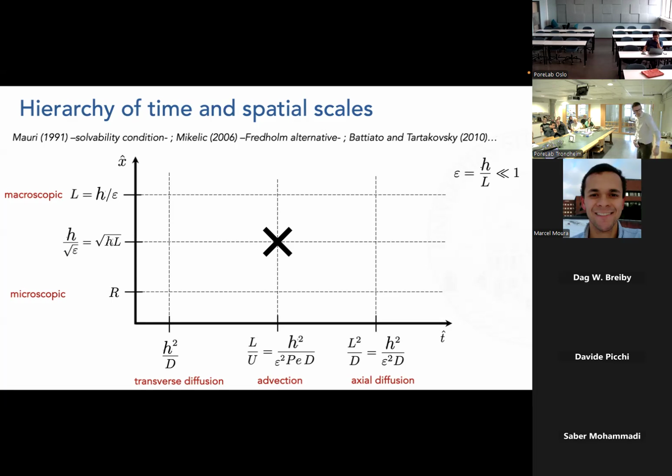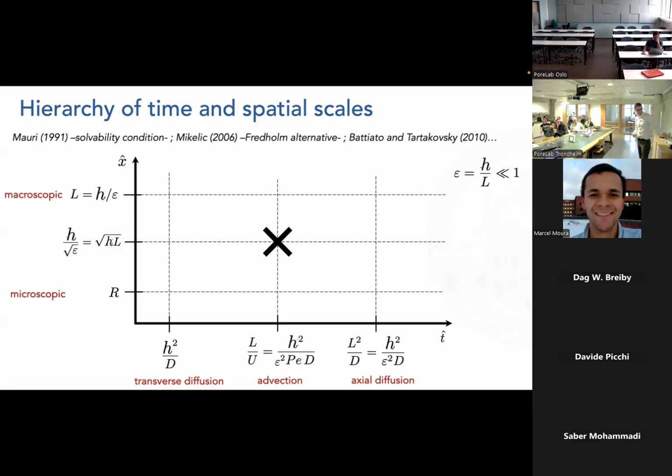So you cannot focus on length scales that are microscopic. In this case, microscopic means the uniform film region, because then it's too small. You cannot focus on macroscopic length scales, like the big L, because then this is too big. The same applies for the time scales.